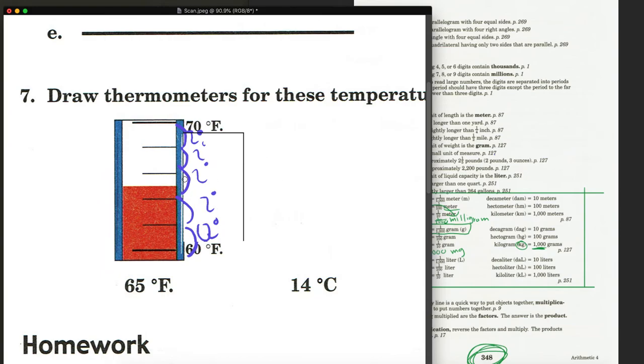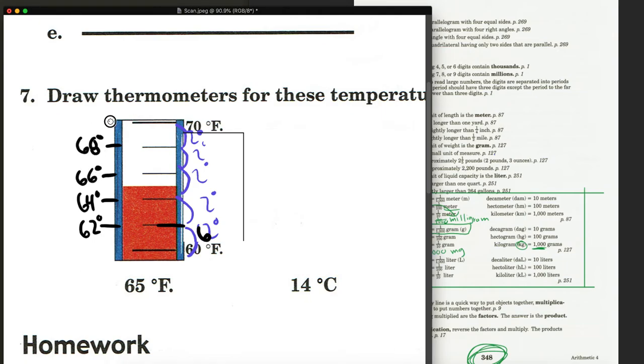So to represent 65, they had to skip count. So here, let's do it this way. We know this is 60 here. So this is 62, since they're skip counting by 2 degrees. 64 degrees, then 66 degrees, and then 68.